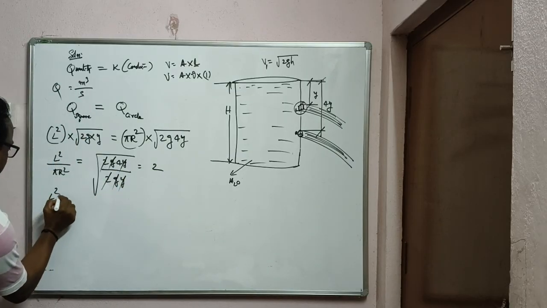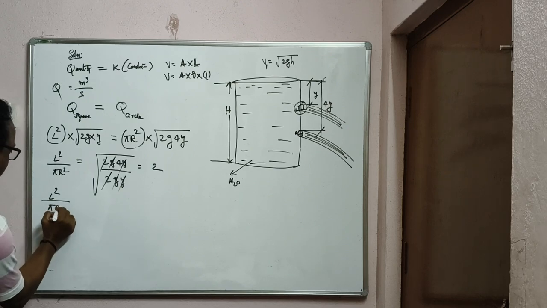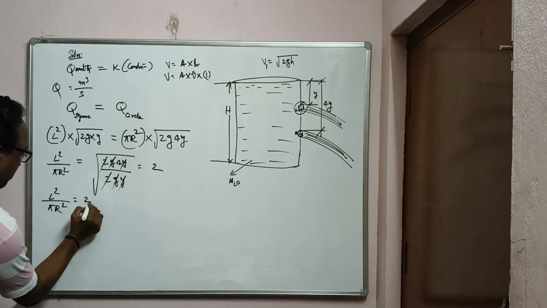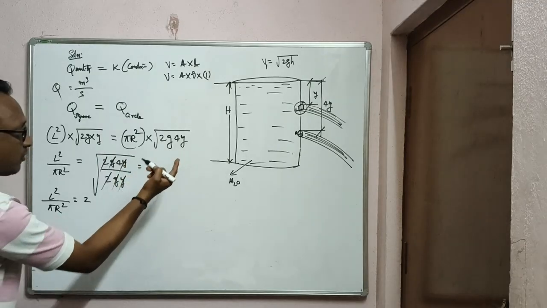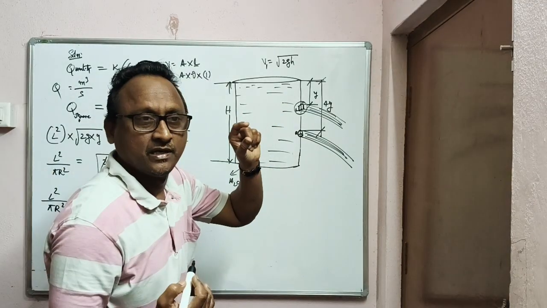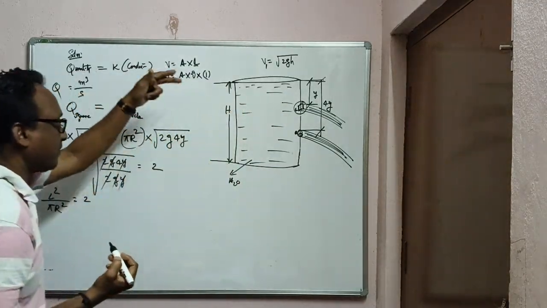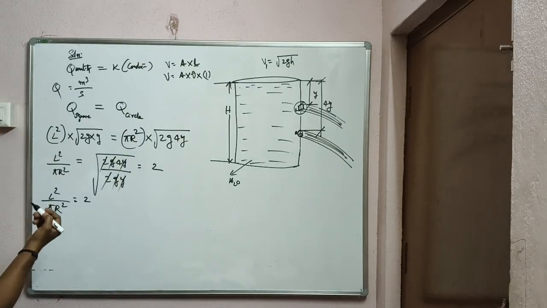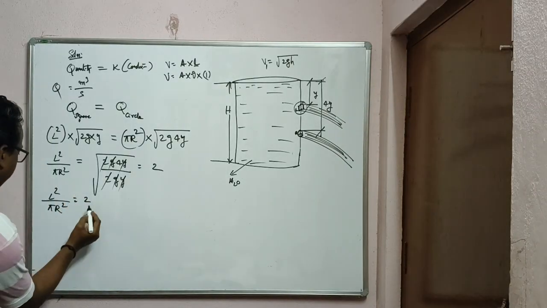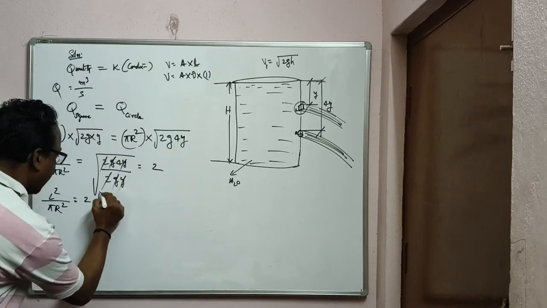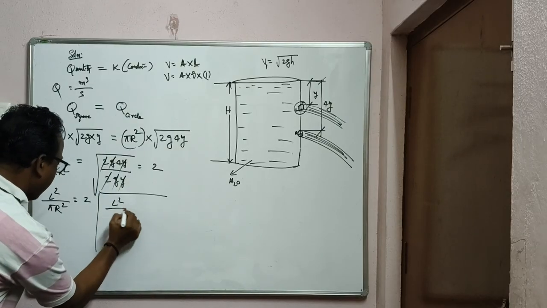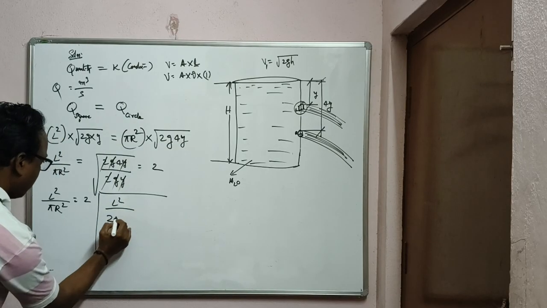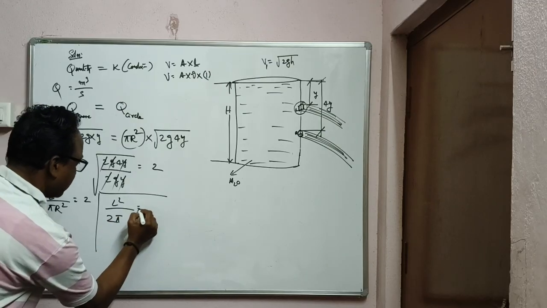So L square by pi R square is equal to 2. But he is asking what is the radius of the circular hole drilled at height 4y from the top of the tank. So for R, what do I do? I can write this as L square by 2 pi is equal to R square.